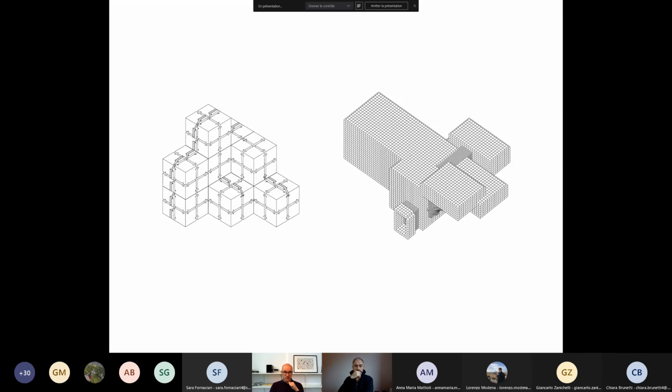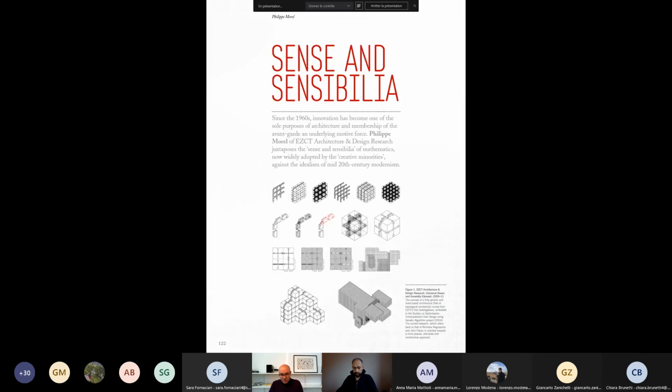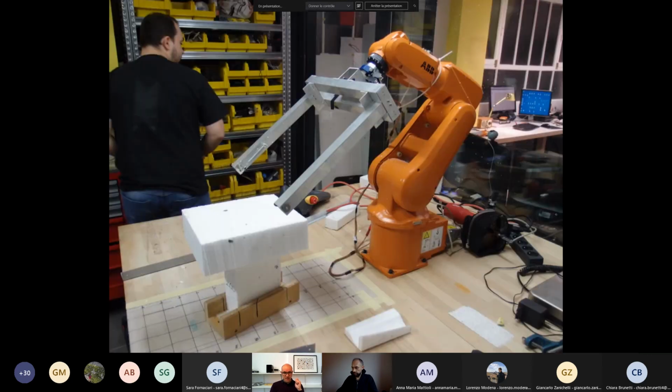So this is a view of the universal house with a construction block next to it. It was published, I think in 2012 or 2013, in an issue of AD curated by Georges Legendre, as an illustration of an essay called Sense and Sensibility.